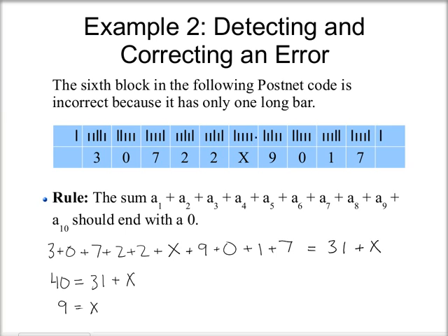So my incorrect number here should be a 9, and the barcode for that is going to be long, short, short. So the second long bar was printed as a short bar.